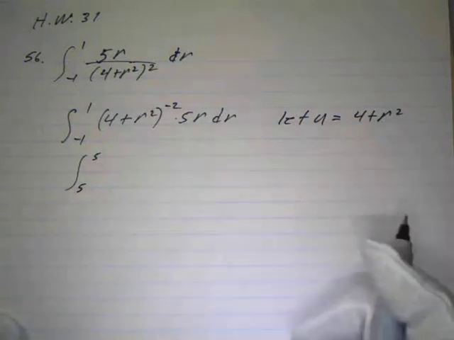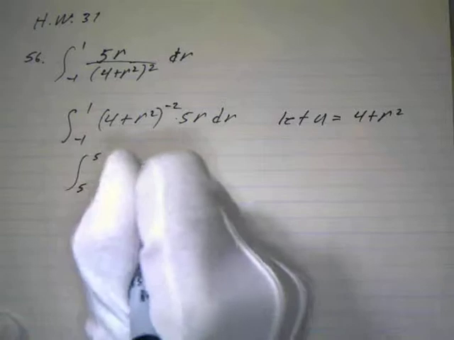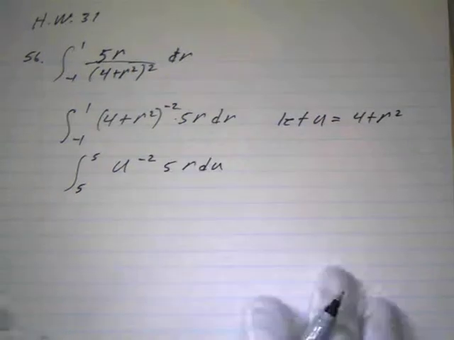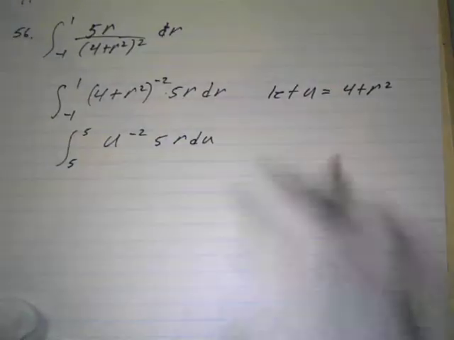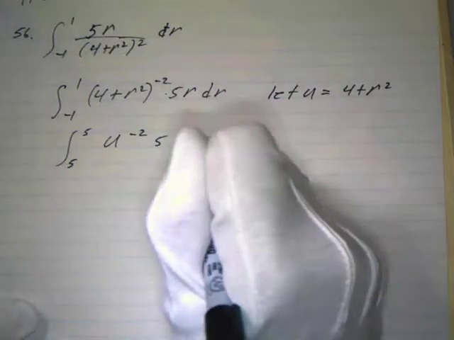We can carry it through just for completeness anyway, so you see what you would normally do. So we would write this as u to the -2 times 5r dr. Oh, I'm sorry, this should be 5r dr, pardon me.